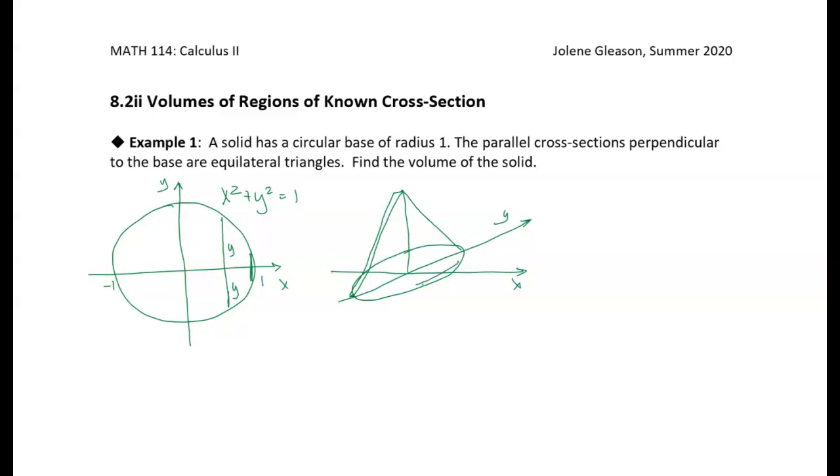This is what a triangle would look like closer to the edge. It's going to be smaller. I didn't draw that very well, but you get the idea. So there's a triangular slab. They're going to get smaller the closer they get to the edge.